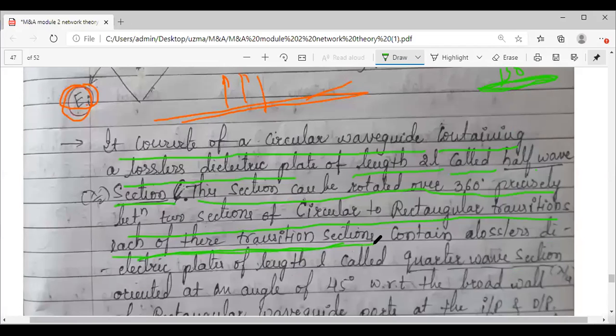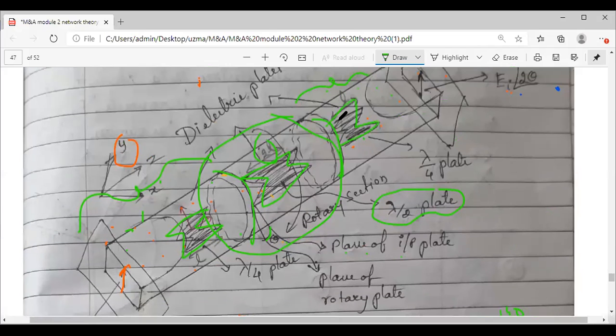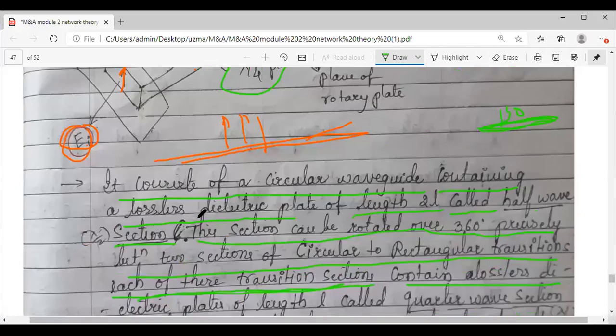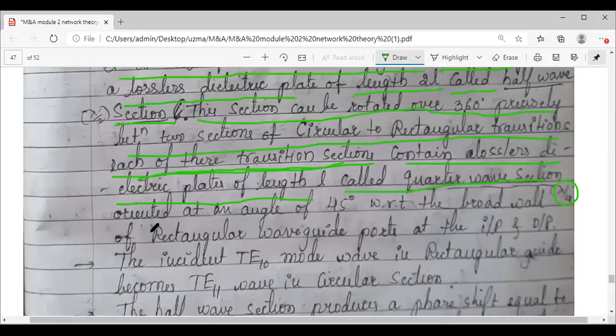Each of these transition sections contains lossless dielectric plates of length L, right? We have put two plates of length small l, and we call them lambda by 4 plate or quarter wave section, in bracket I have written lambda by 4.